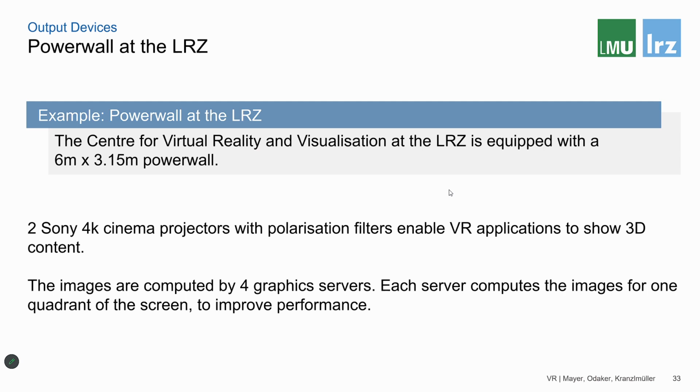But there are two because each projector does the image for one eye. So one projector does the image for the left eye and the other projector does the image for the right eye. And there are polarization filters in front of the two projectors so that with the polarization glasses that you wear, you can then separate the stereogram and see 3D. So, okay, now you might be thinking, well, that sounds like a single display, right?